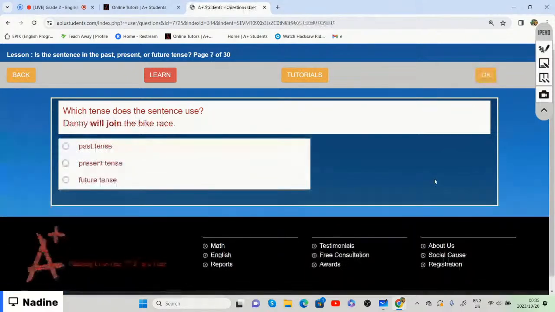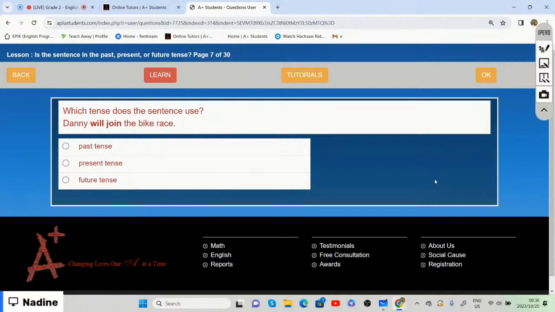So Danny will join the bike race. Will join. Is that the past tense, the present tense, or the future tense?